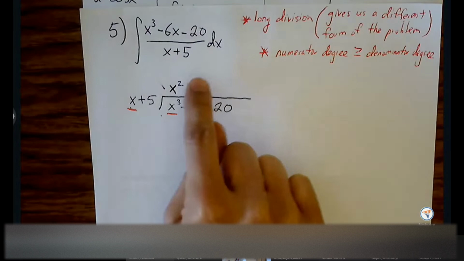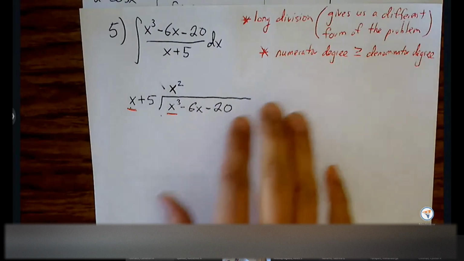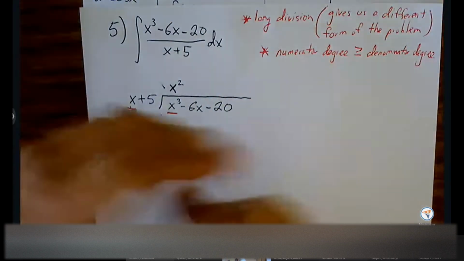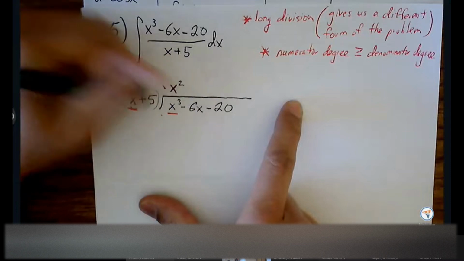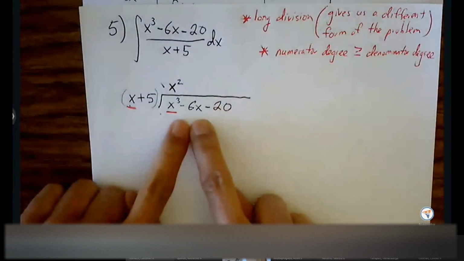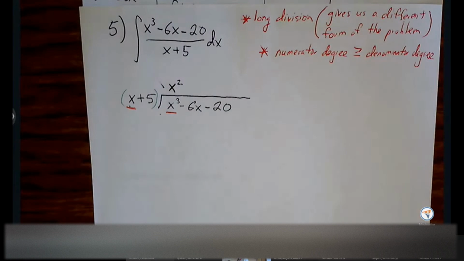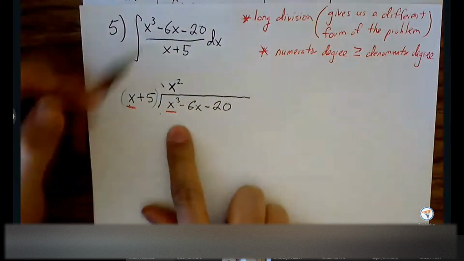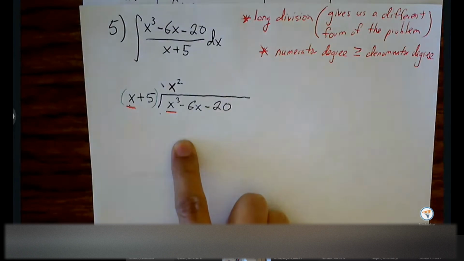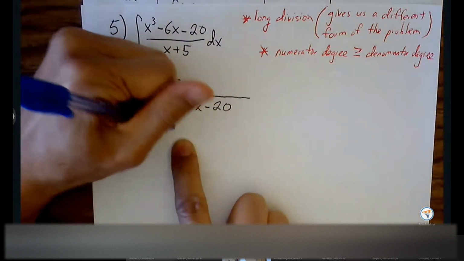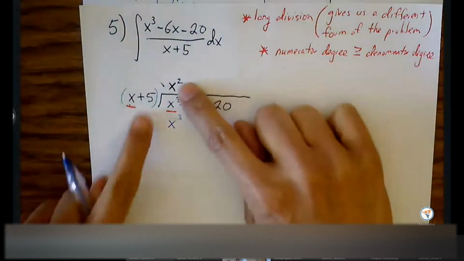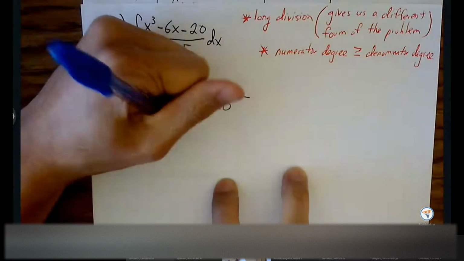And you're going to take that x squared, and you're going to distribute it through the divisor. And you're going to put the result below the dividend terms. So x squared times x is x cubed. 5 times x squared is 5x squared.